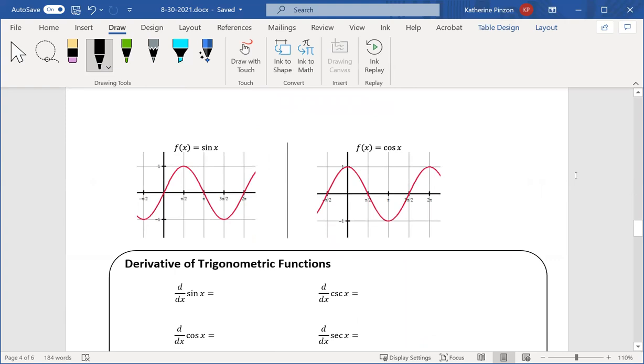Here is a graph of sine x, and here is a graph of cosine x. What does the derivative tell you about a graph? The slope of the tangent line. If I look at the graph of sine of x, where is the slope of the tangent line 0?